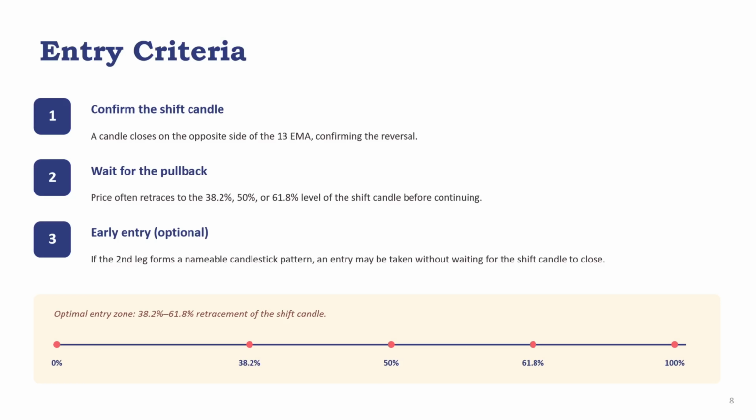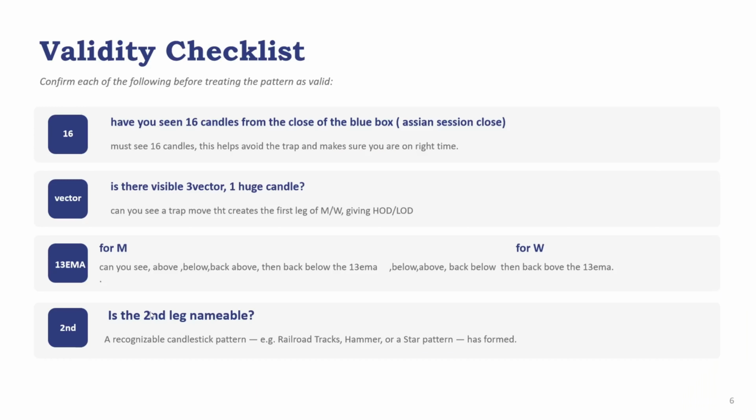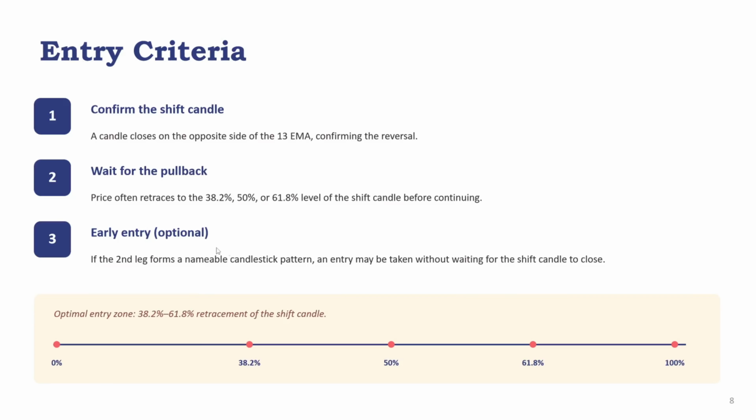These things I've talked about here, you have to see all of this. So take these notes first. Make sure you tick every time you take a trade, whether it's an M or a W. So these are the entries. You can wait for that confirmation below or above.